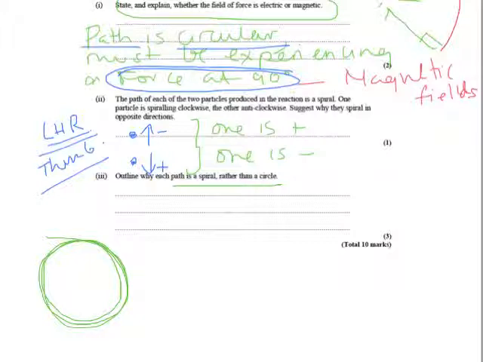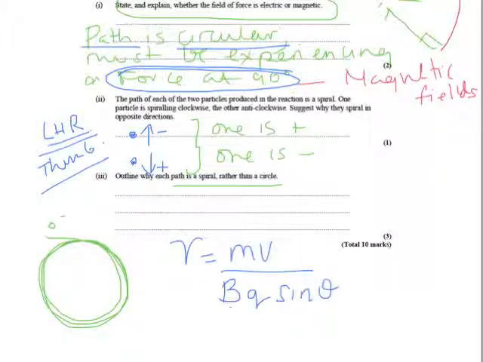Why? Because these are charged particles. They interact with the particles in the surrounding area and they lose energy. So because they're losing energy, this is why we need to think about our formula. If we relate the formula to this answer, then we'll get full credit.